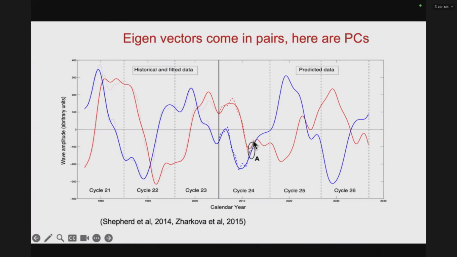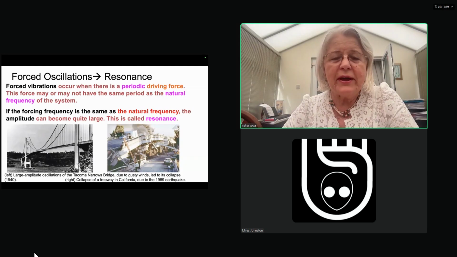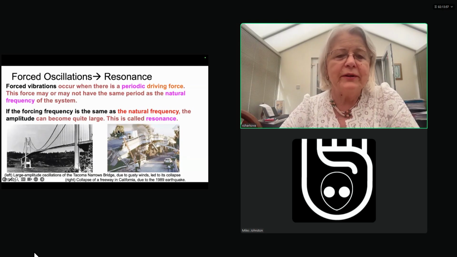Then we expanded this function to cycles 25 and 26, where we saw that the waves are going into opposite amplitude, opposite phases. So when the blue has a maximum, the red has a minimum, and vice versa in cycle 26. What does it mean? Just to remind you what happens when waves interfere: have you heard about the Tacoma Narrows Bridge?